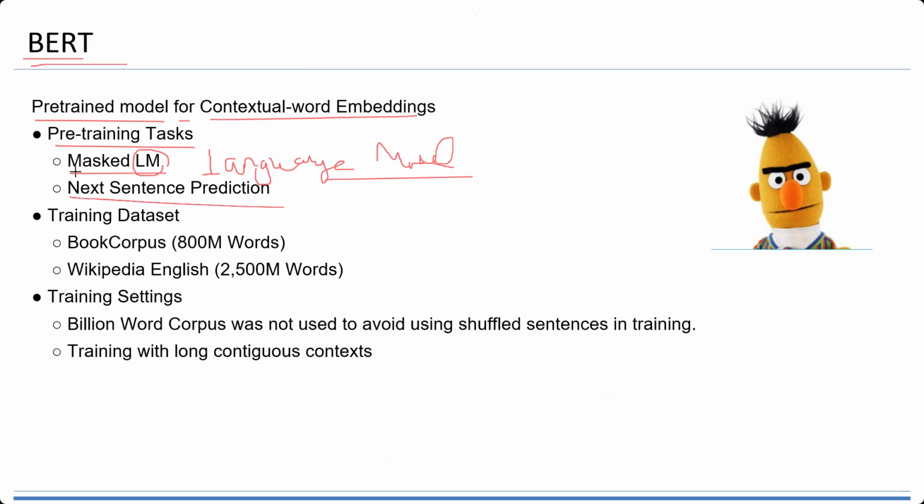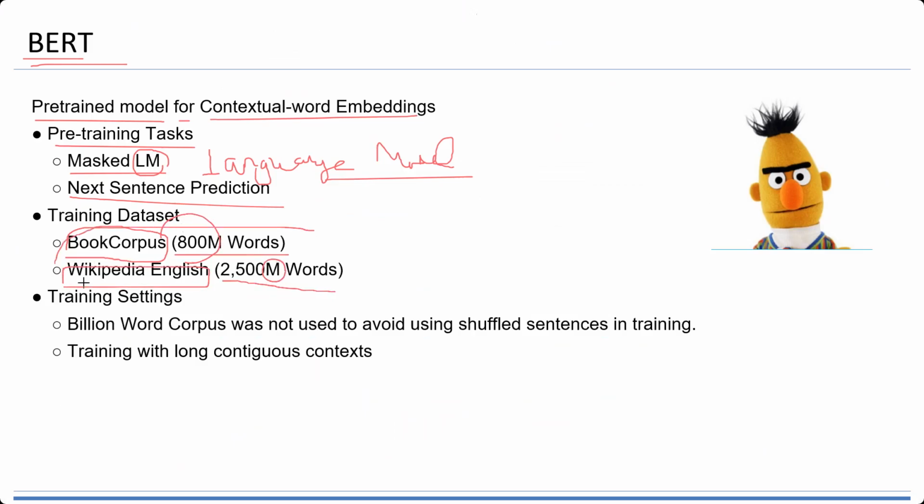For the original BERT, they use training datasets such as the book corpus. I mentioned to you the Google book corpus. If you go to Google Books, you can see there are many books, and they use all the text in those books. That is about 800 million words. They also use English Wikipedia, which has about 2,500 million words.